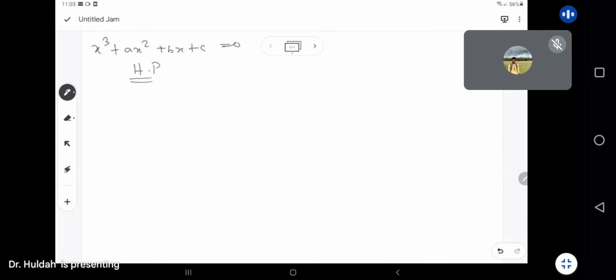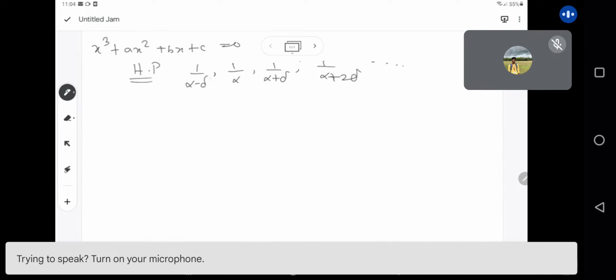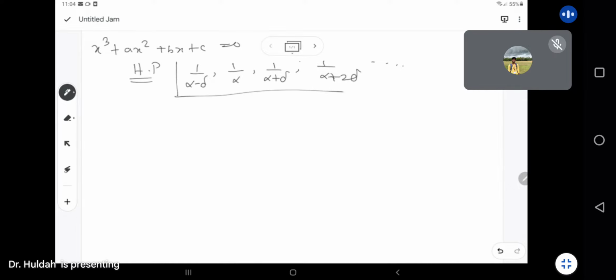Harmonic progression means the reciprocals will be in AP. To be more specific, AP means 1 by alpha, 1 by alpha plus delta, 1 by alpha plus 2 delta, like that. So the previous term would be 1 by alpha minus delta. HP means the roots will be like this.